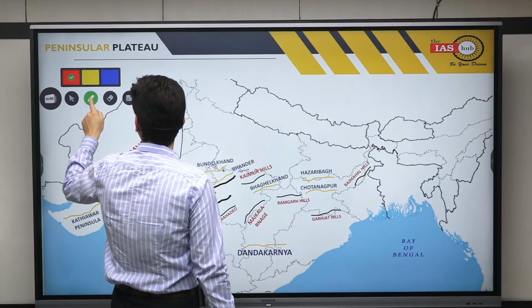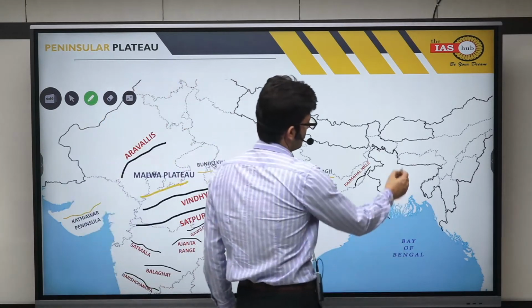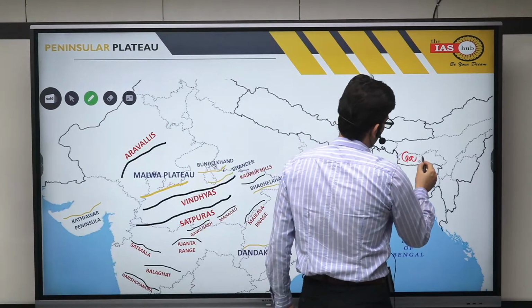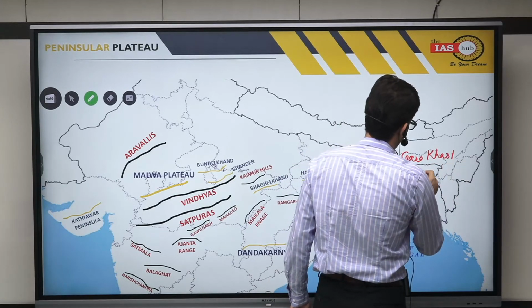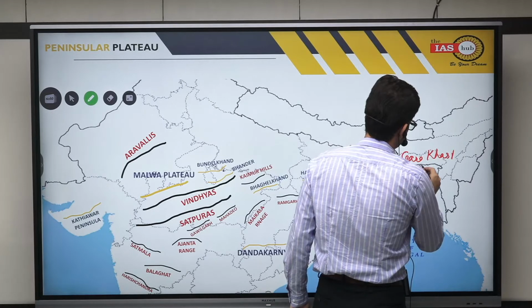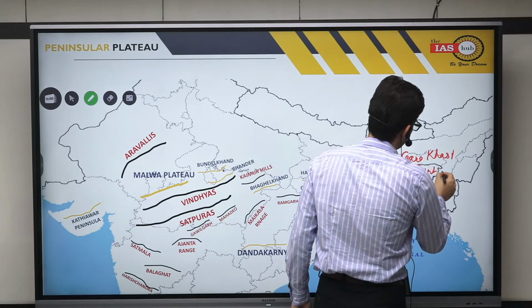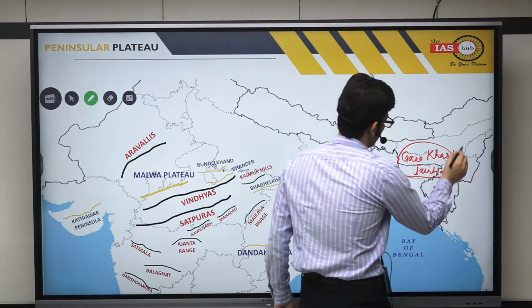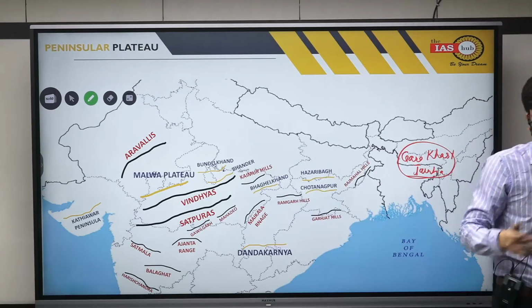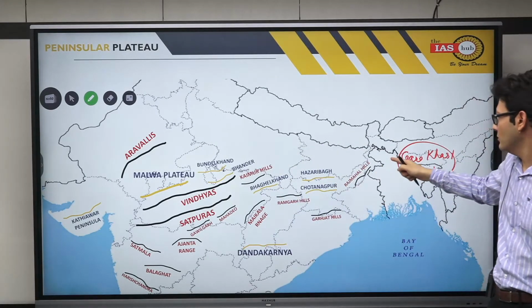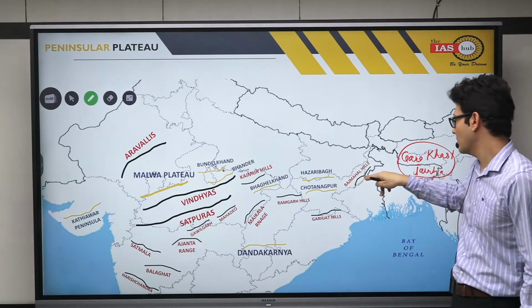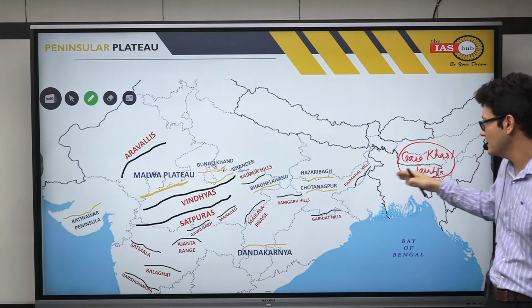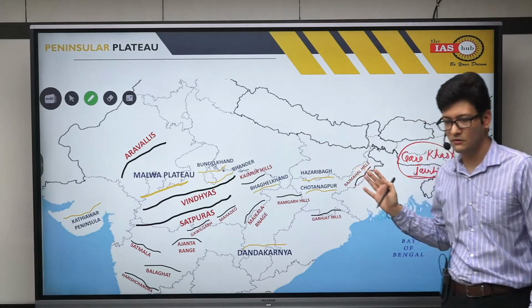So we are discussing Garo Khasi Jaintia along with the Peninsular Plateau, because they are a part of the Peninsular Plateau. So the extension of Chota Nagpur Plateau through the Malda Gap: there is a gap between the Chota Nagpur Rajmahal Hills and the Garo Hills, and this gap is also known as the Malda Gap.